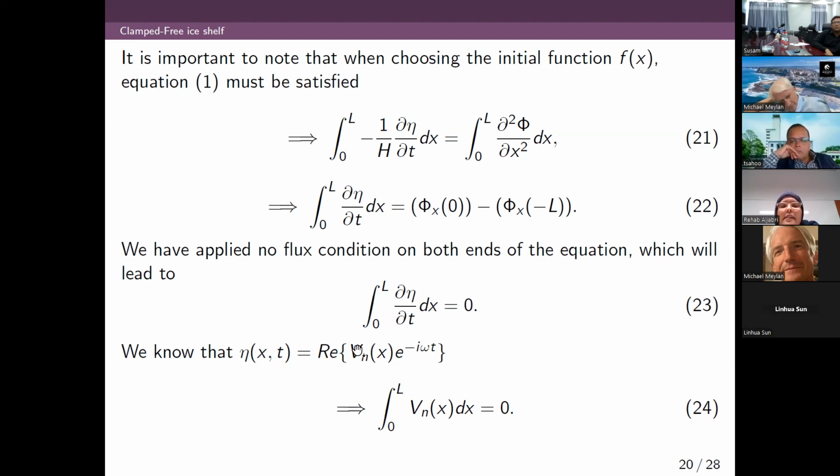We know that this is the mode shape, and as we did for the potential, we make a separation of variables. Now, if we take the derivative of this, we end up with the integral from 0 to L of the mode shape for the vertical displacement being 0. So the function f(x) must satisfy this equation, which is 24, which means the area under the curve for the plate must be 0.